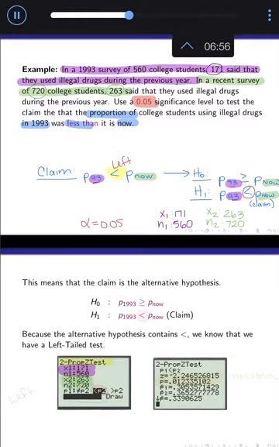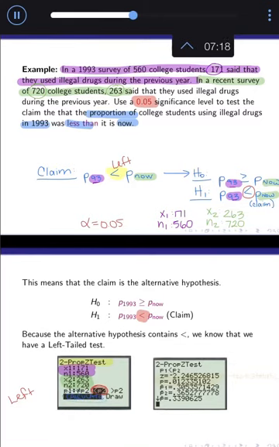And then we have our symbol from our alternative hypothesis, which was a less than. That's what's going to make the calculator do a left-tailed test. Then click on your last option here, which says calculate.